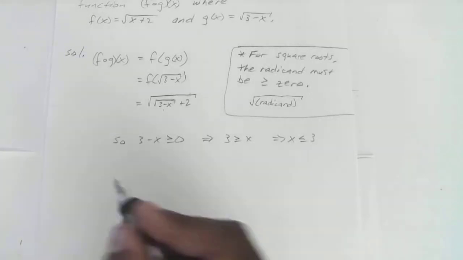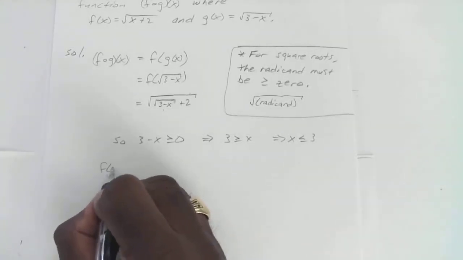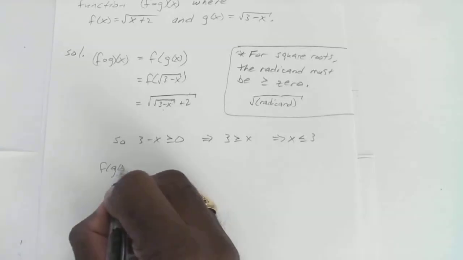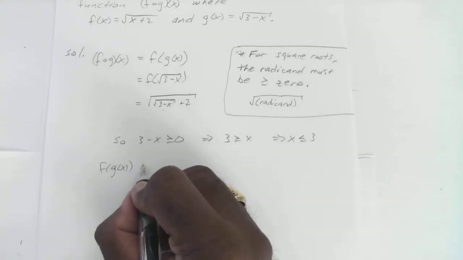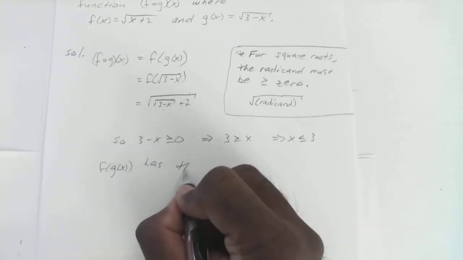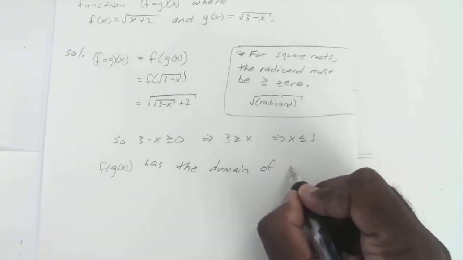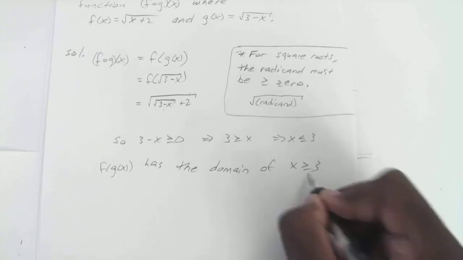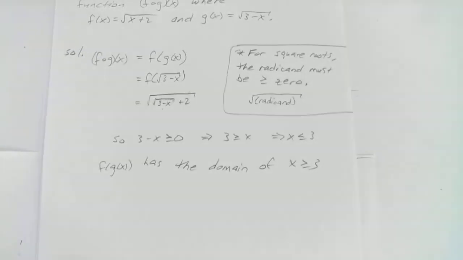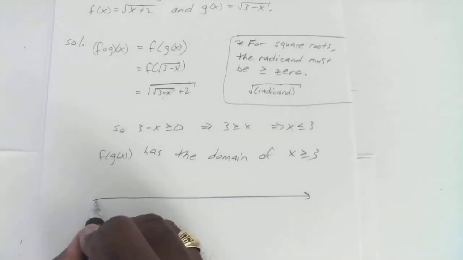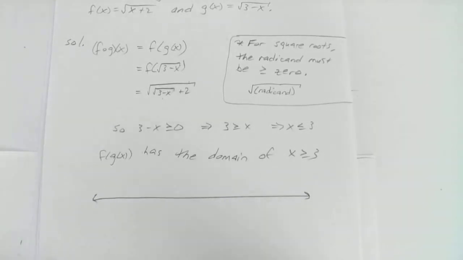Okay, so we know that f of g of x, I'm about to write f of x for some odd reason. We know that f of g of x has the domain of x is greater than or equal to 3. Oh, where'd it go?